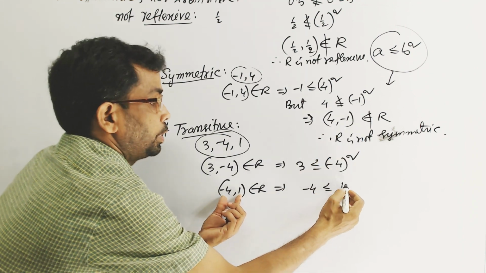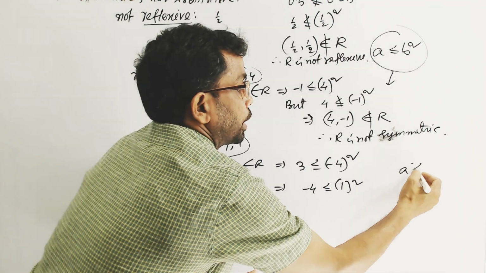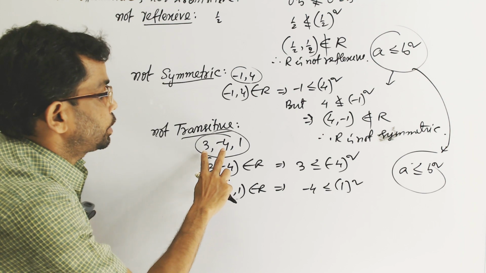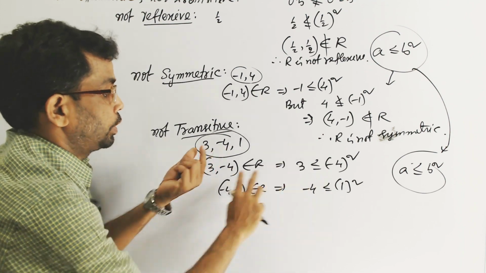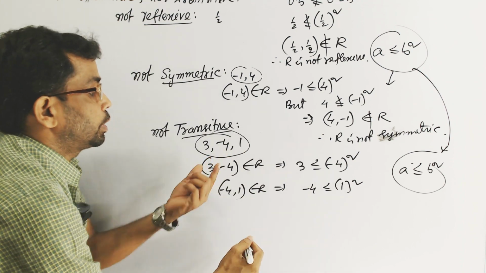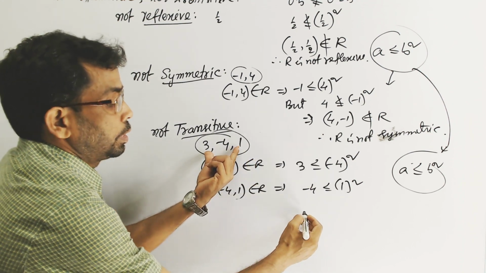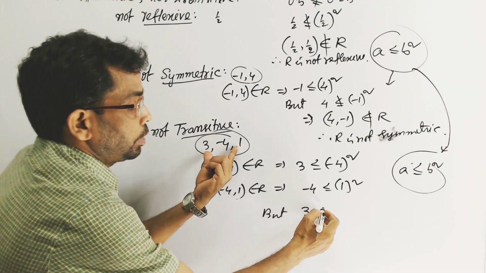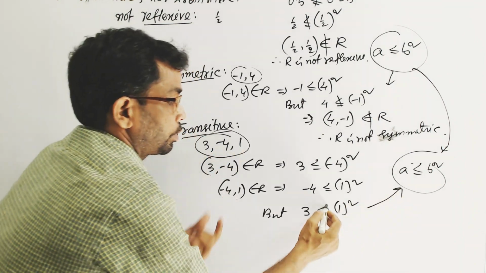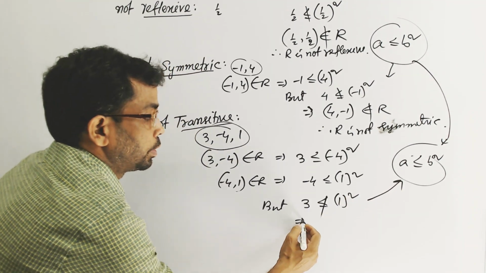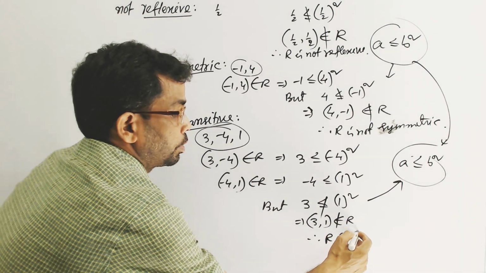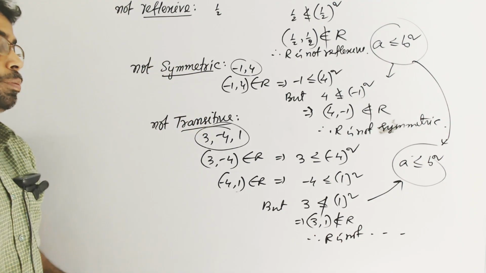So the first and second, 3 and minus 4, satisfy the condition, so they are related. Minus 4 and 1 also satisfy the condition, so they are also related. But if we take the first and the last, 3 less than or equal to 1 square, 3 and 1 do not satisfy this condition, it is not true, and hence (3, 1) is not in the relation. Therefore the relation R is not transitive.